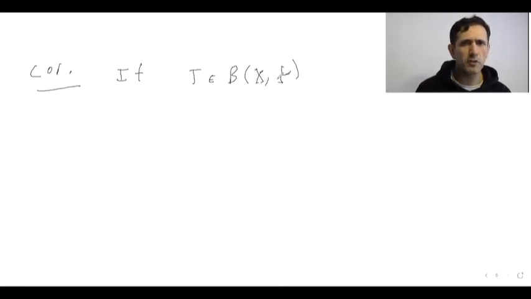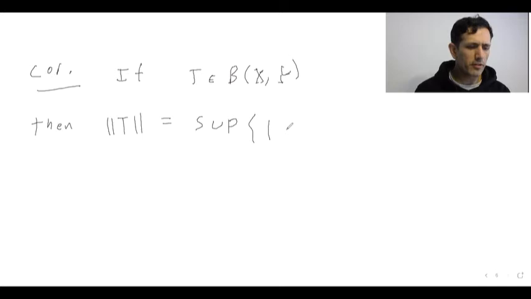So if I have two normed vector spaces, X and Y, and T is a bounded linear operator from X to Y, then the norm of T is given by the following quantity. And really this corollary says it's very useful to know what bounded linear functionals on a normed vector space look like.